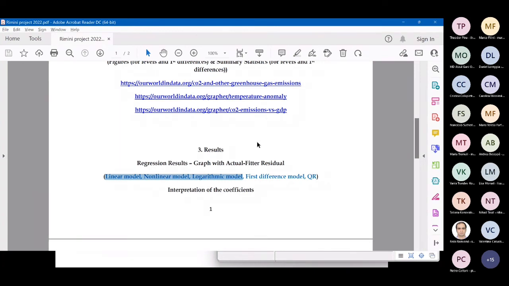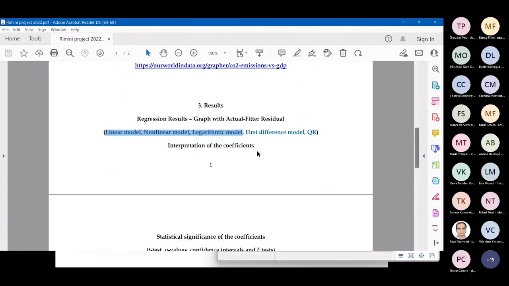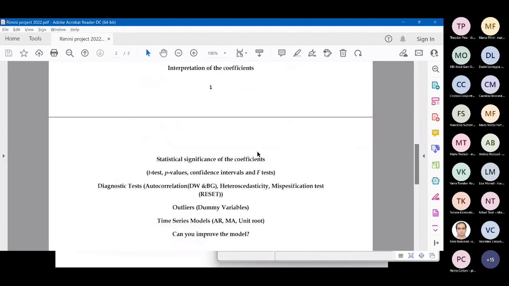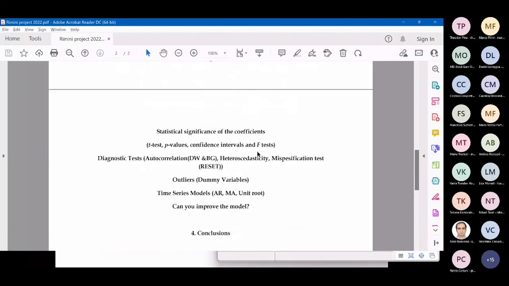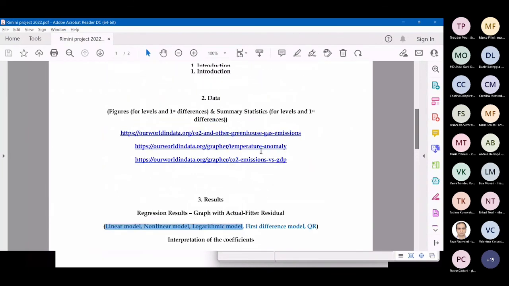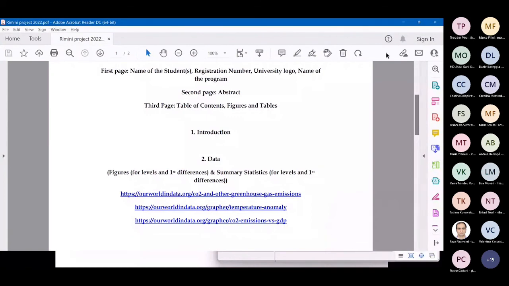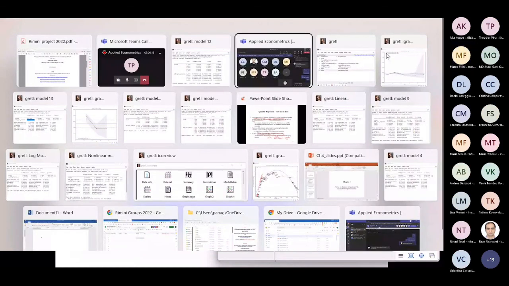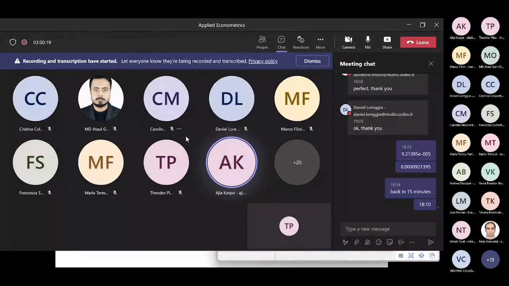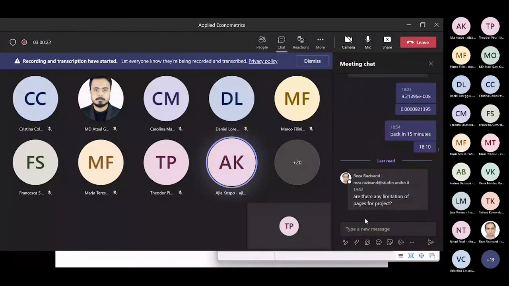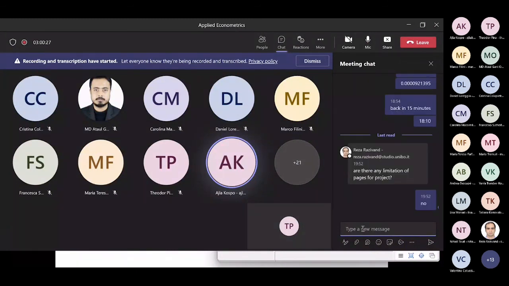Do you have any questions about the project? Sorry, I have a question about the project and observations. Are about 70 observations enough? 70 observations should be relatively okay.